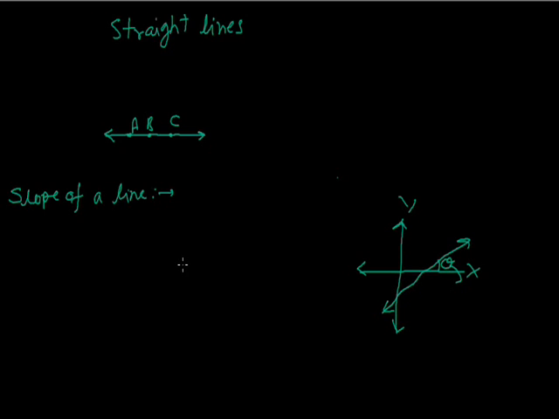So here, if theta is the angle made by the line L, suppose this line is line L, with the positive direction of x-axis and measured anti-clockwise, then the tangent of theta is called the slope or gradient of this line, and it is denoted by m. So here we can say that m is equal to tan theta for the line L.